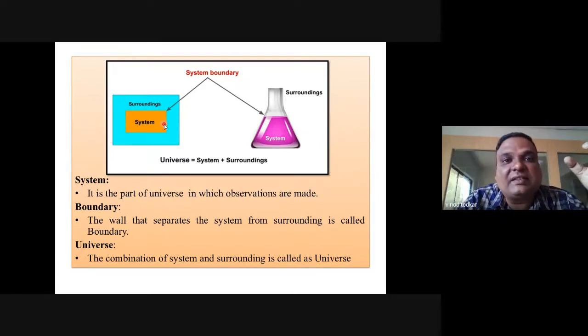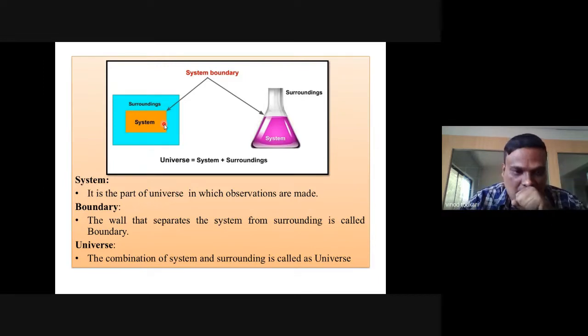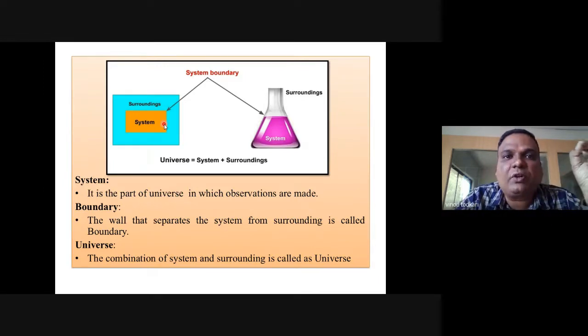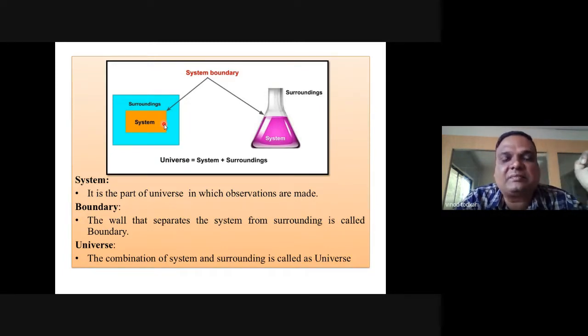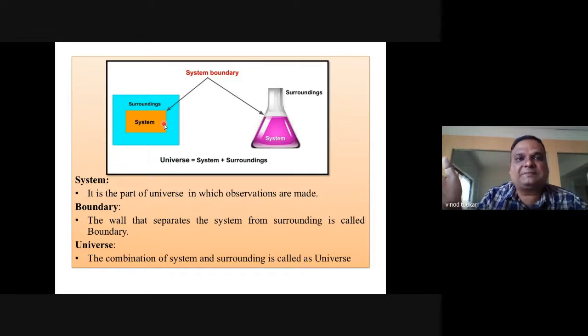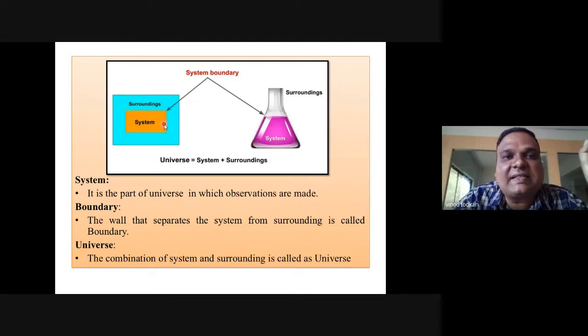For the principal, this college will be a system. For the head, the department will be a system. For a class teacher, the total class will be a system. Whatever part is chosen for the study, that is called a system.